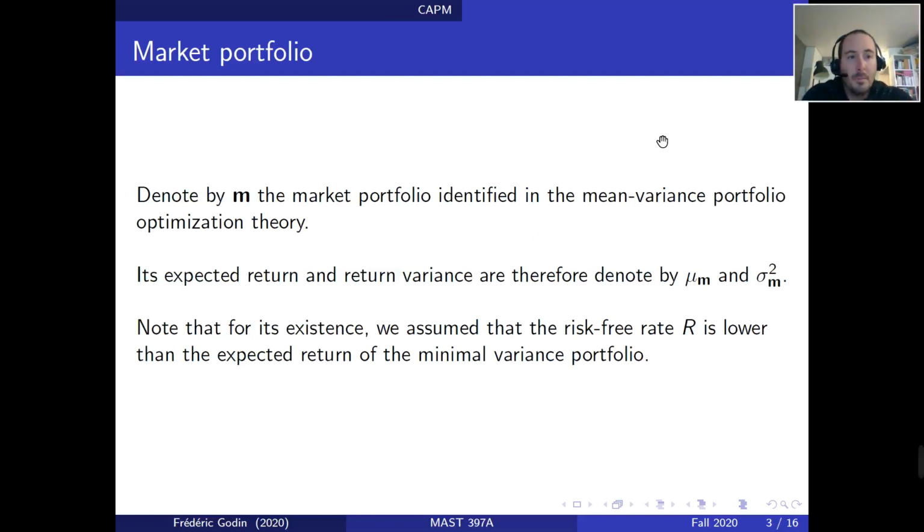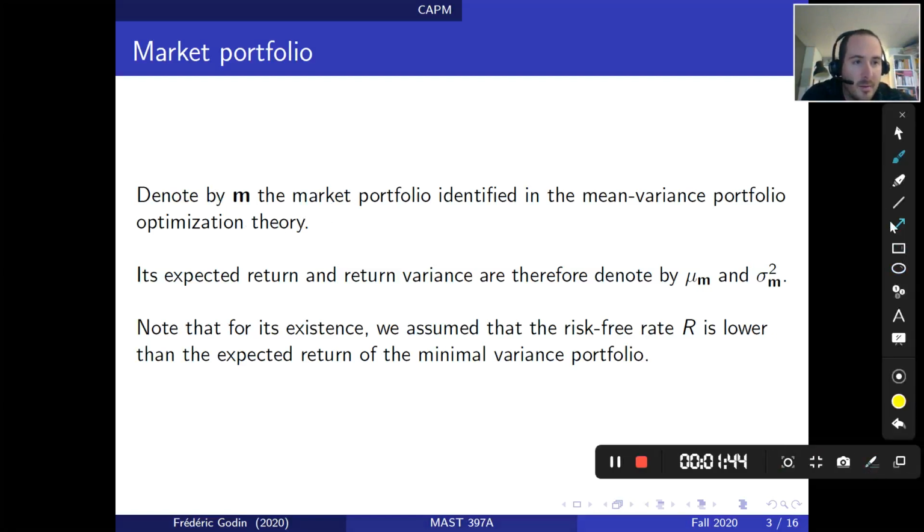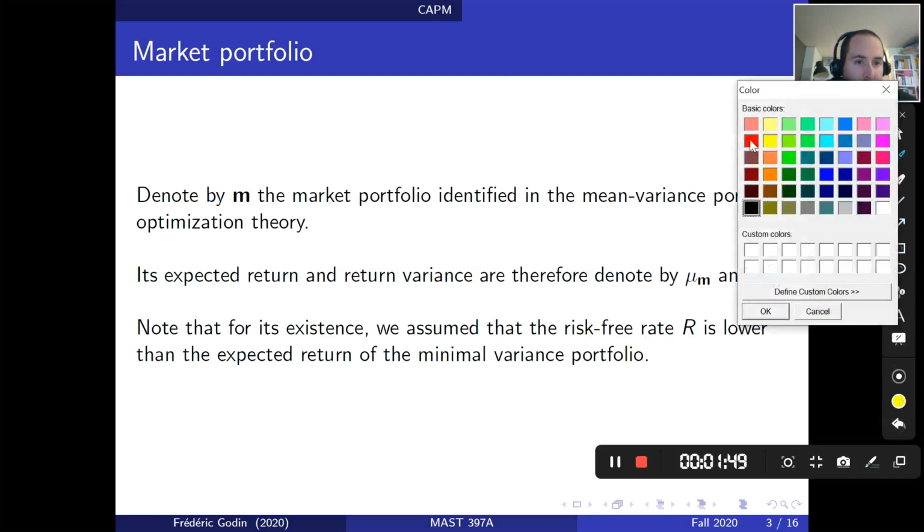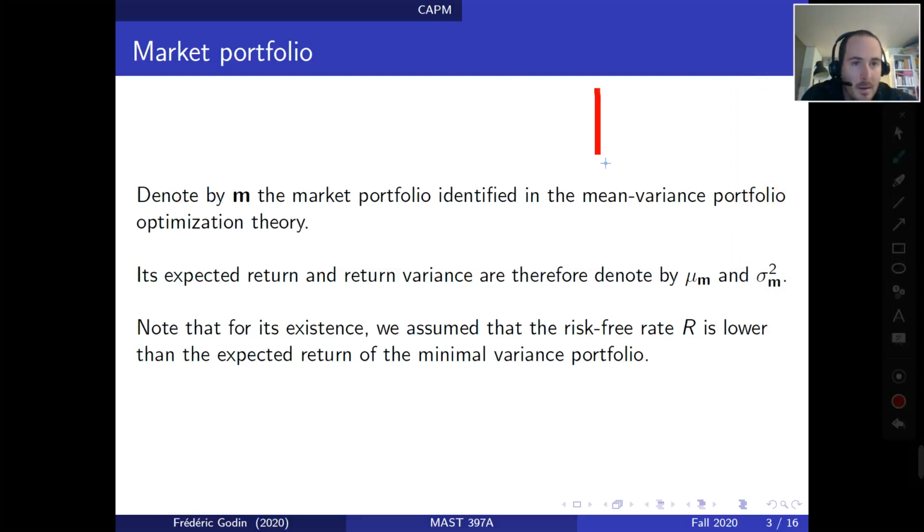So recall from chapter 4 that we defined a portfolio called the market portfolio. And here M will be the weights of the market portfolio. Let's do a quick reminder here. This was the minimum variance line. Here, this is sigma and mu.